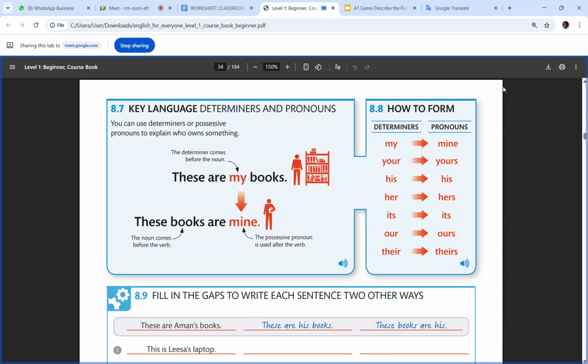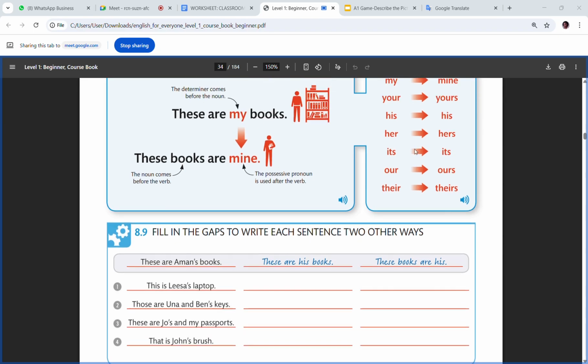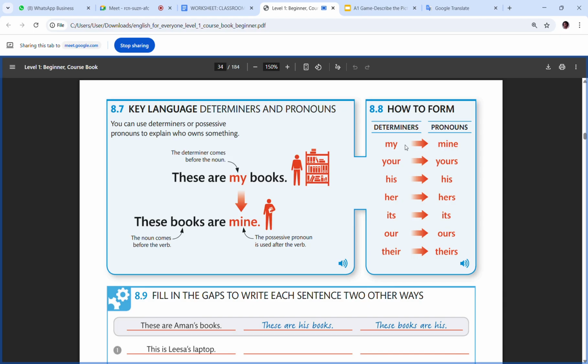So, the rule is, please look here, 8.8. My becomes mine, your becomes yours. His stays his. Her becomes hers. Its stays the same, right?